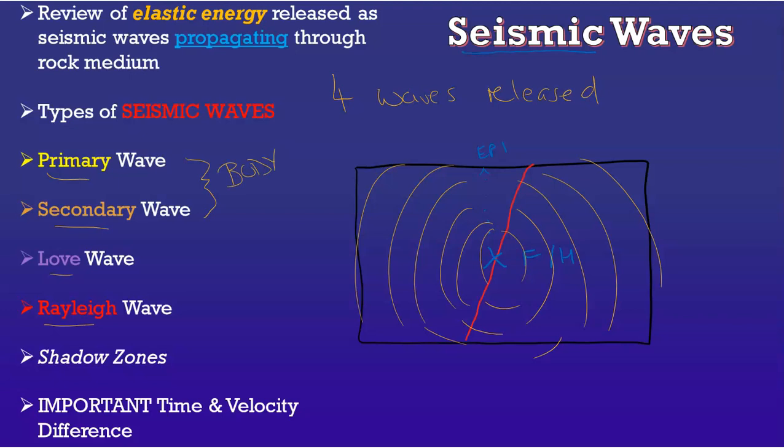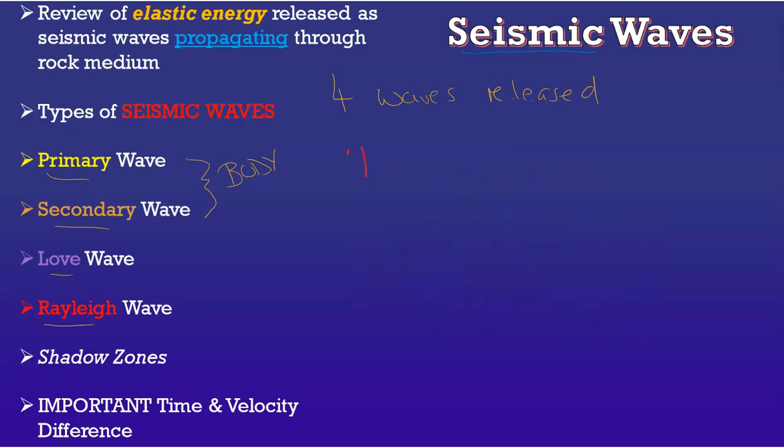Now, primary waves are special because they propagate in a certain way. Look at the P wave. The P wave is the primary wave, and we call it that because it's the first wave received by any seismograph or seismometer near the earthquake.